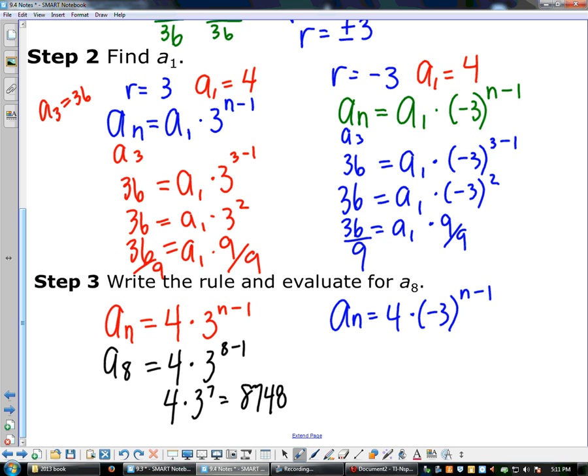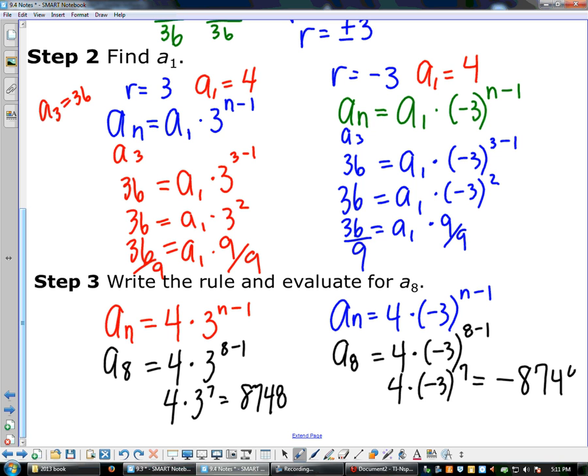Using our other rule, a sub 8 would equal 4 multiplied by negative 3 raised to the power of 8 minus 1, or 4 multiplied by negative 3 raised to the power of 7, and this is going to give you negative 8,748. So depending on what that ratio is, your 8th term could have been either a positive or a negative, depending on which one we used.